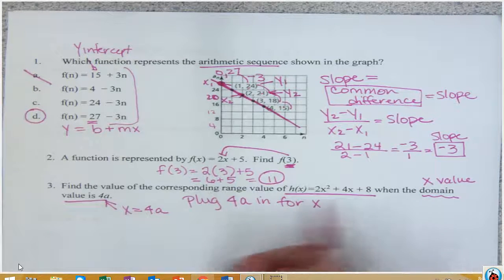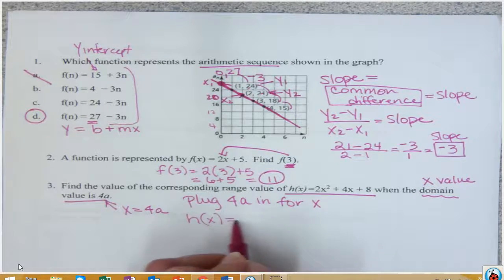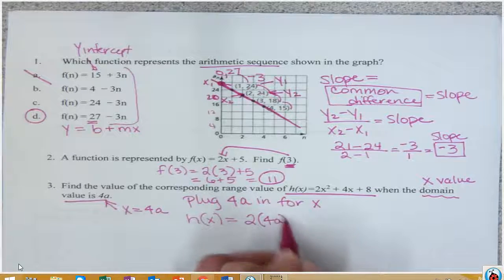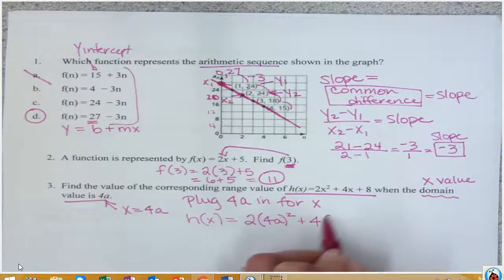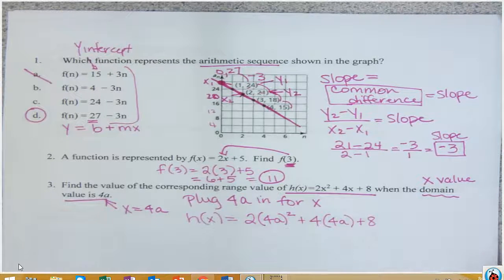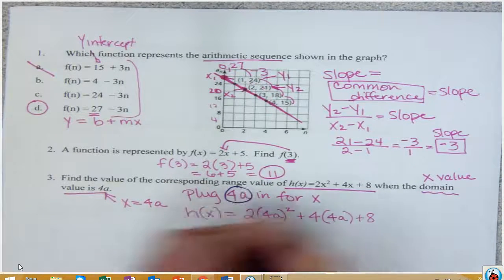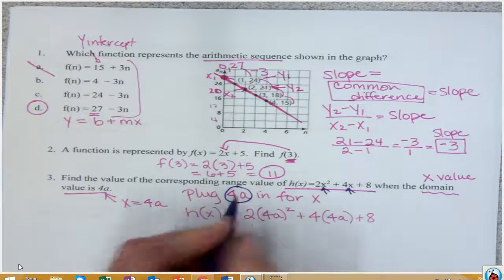And what do we get? We're going to get h of x equals 2 times 4a squared plus 4 times 4a plus 8. Do you see how I literally just took 4a and plugged it into the x's?